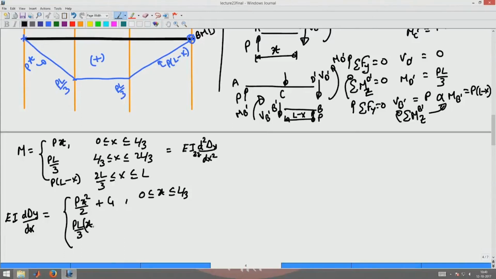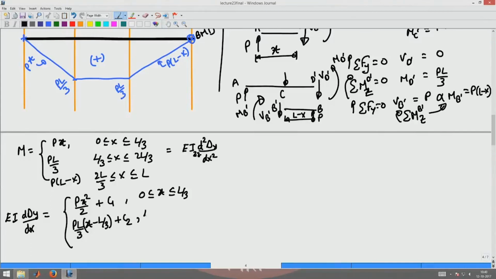I will write it as x minus L by 3 plus C2, where I have not made anything. The C2 constant now will be the actual integration constant plus PL square by 9. I am doing this because the calculation becomes simpler, because I want this term to go to 0 at x equal to L by 3.